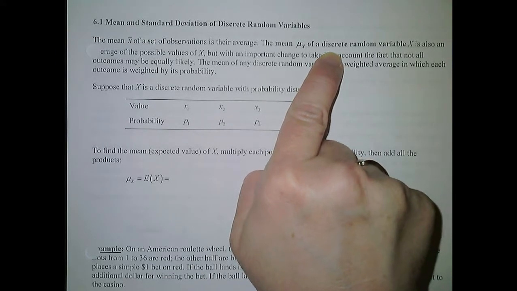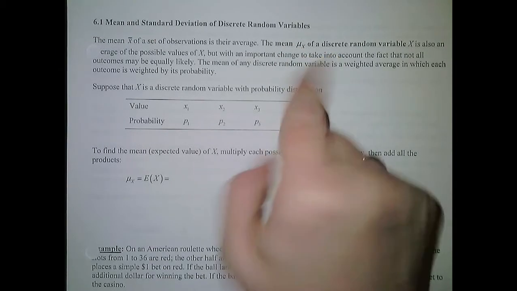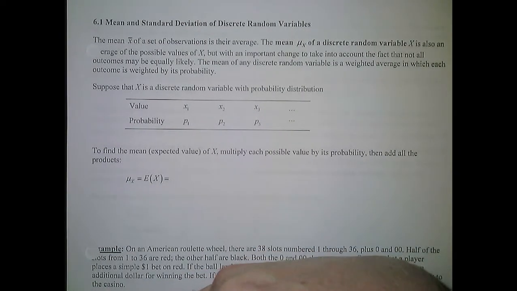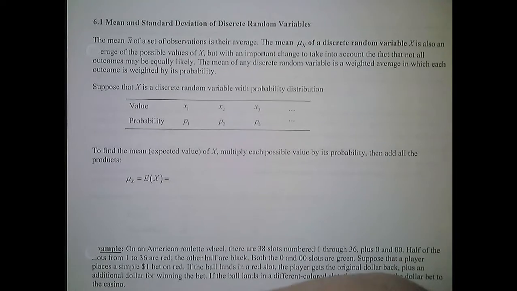So the mean of a discrete random variable x is also the average of all the possible values of that random variable x. But we have an important change that we have to make in order to take into account that not all of the outcomes are equally likely. The mean of any discrete random variable is a weighted average in which each of the outcomes is weighted by its probability.